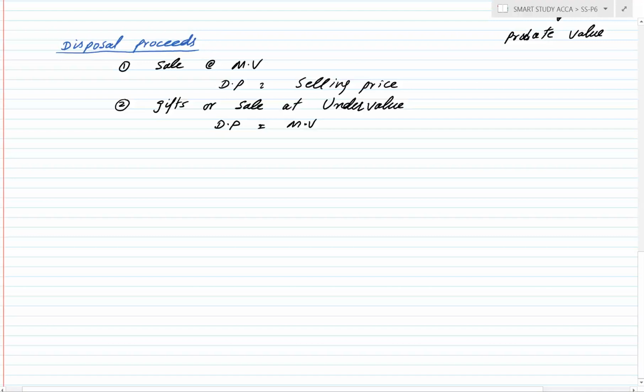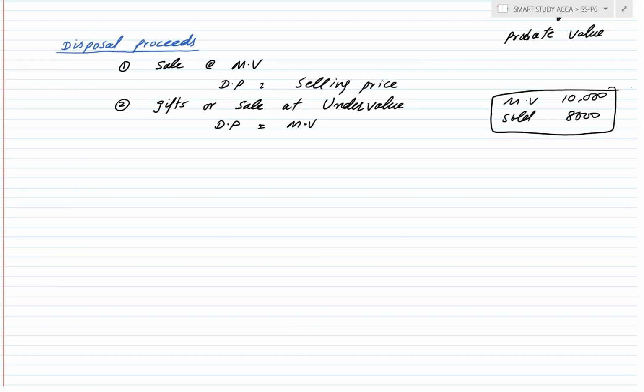For example, if the market value of an asset is say 10,000 and we have sold that asset for 8,000 pounds, as per the tax law, this is your own choice. You can sell an asset at zero value, but from tax perspective, selling price will be the market value. You will deduct your cost from the market value. That would be the capital gain, and you are going to pay tax on that capital gain. From tax point of view, they will take market value as a selling price.